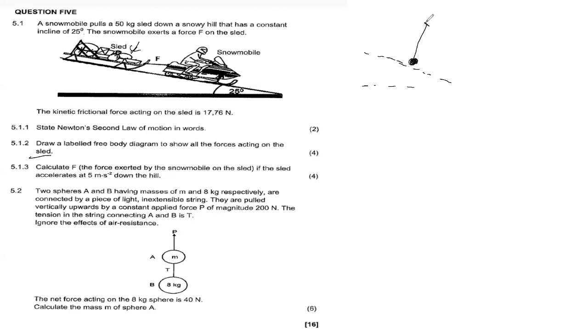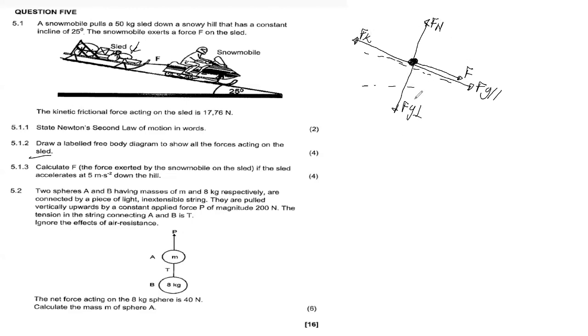So we have the normal force being perpendicular, and then down here we have the FG perpendicular, and then sliding down the incline will be our FG parallel, and then also sliding down the incline, that's our force F that is exerted by the snowmobile. And then up the incline, we have the kinetic frictional force, right?